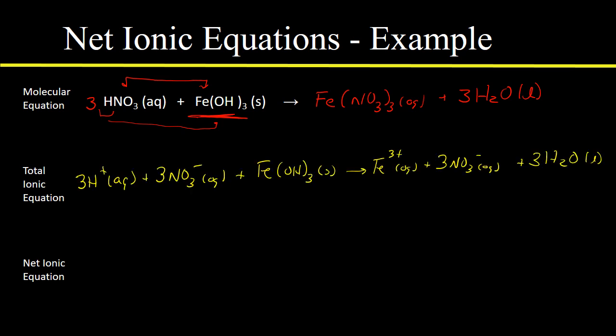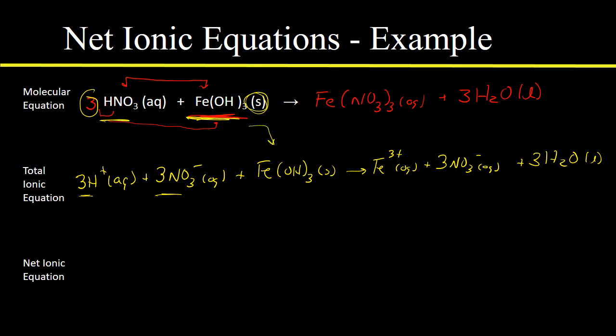All right, so as I wrote my total ionic equation, I broke this apart because that's a strong electrolyte. Now, because there are 3 nitric acids, that's going to give us 3 H+ and 3 nitrates. Okay. Then we've got iron hydroxide here. This is a solid, means that it is a non-electrolyte.